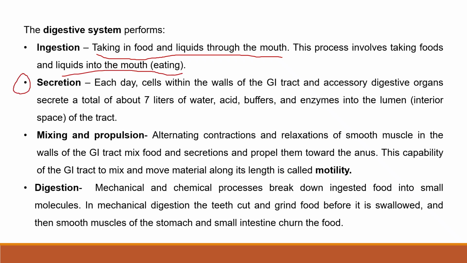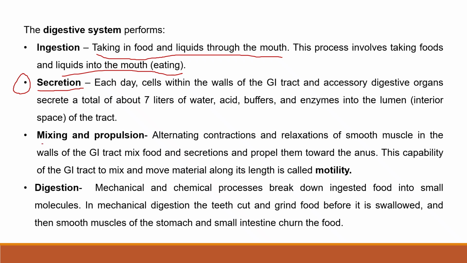Each day, cells within the walls of the gastrointestinal tract and accessory digestive organs like the gallbladder, pancreas, and even the liver, along with the salivary glands, secrete around 7 liters of water, acid, buffers to neutralize, and enzymes into the lumen of the tract. So that's why the digestive system has a secretion function.